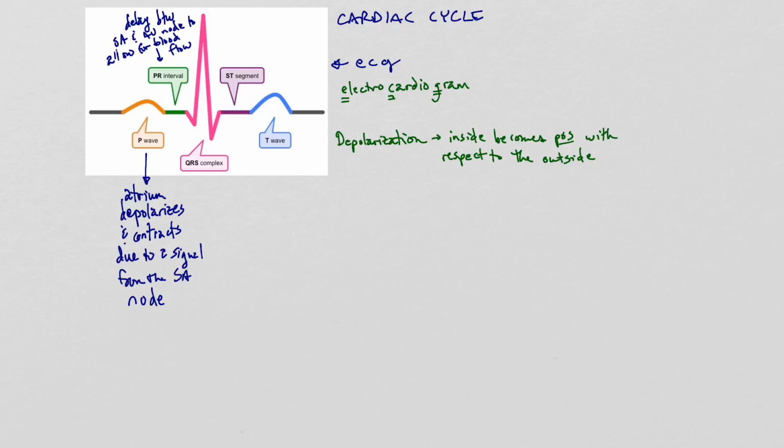We could copy almost the exact same definition from the P wave over here, but instead of the atrium contracting, this is the ventricle depolarizes and contracts due to a signal from the AV node. All right. Then we get once again, our little segment here, our little delay to allow for blood flow.